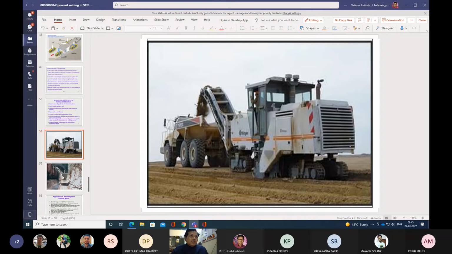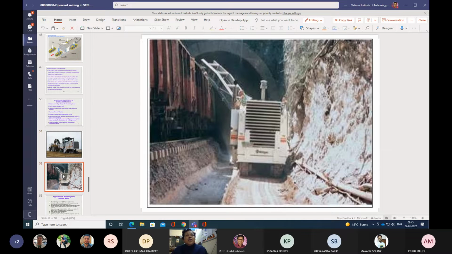Let us see the machine. This is the surface miner machine, how it works. You see, this is the machine. It can also directly load the material to a locomotive haulage. Okay, this is the surface miner.